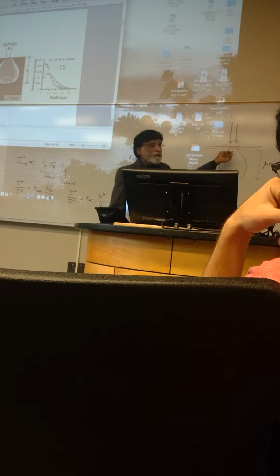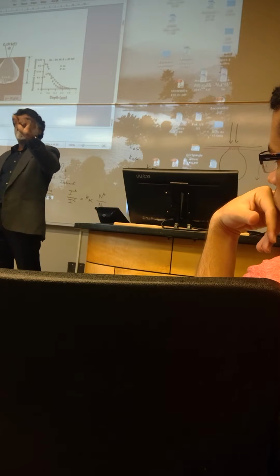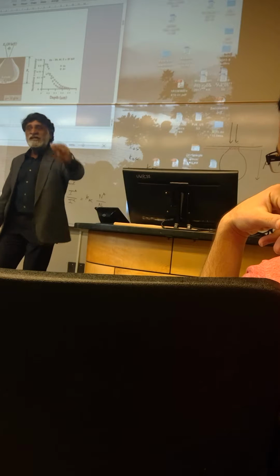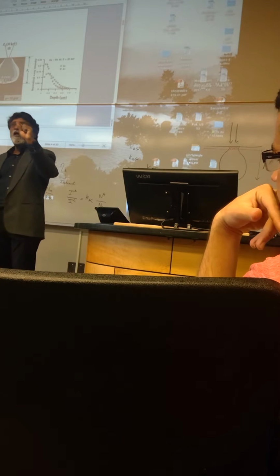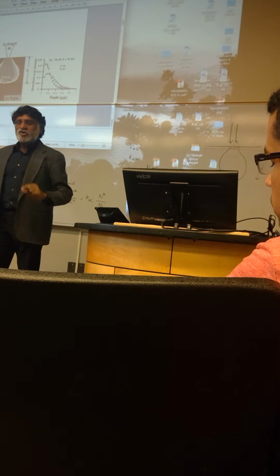So first you have to make a very thin foil. Second, when you make the thin foil, it should not change the composition of the material. And the thin foil also has to be representative of your sample. So there are these issues.